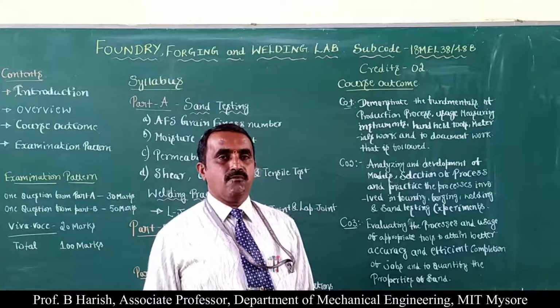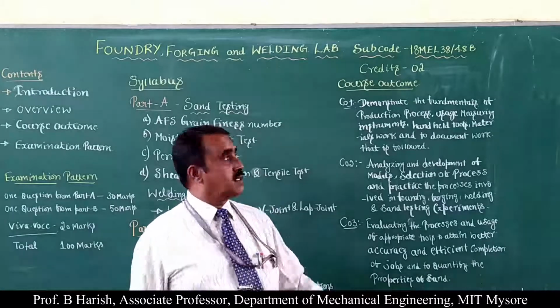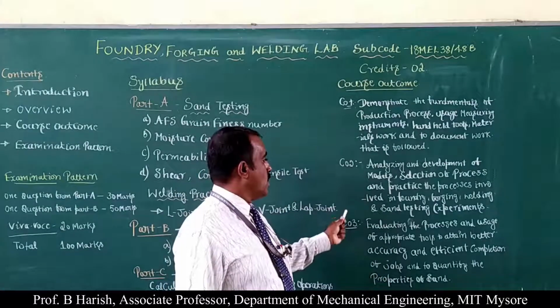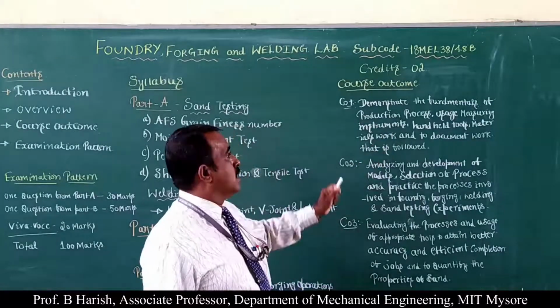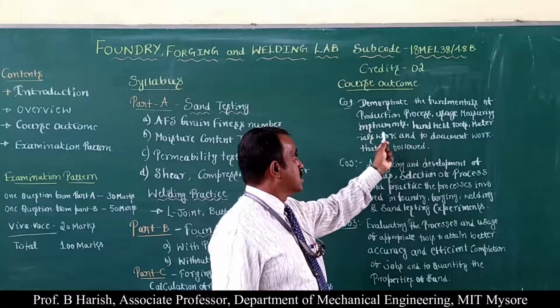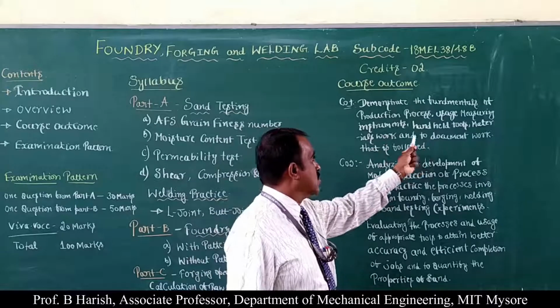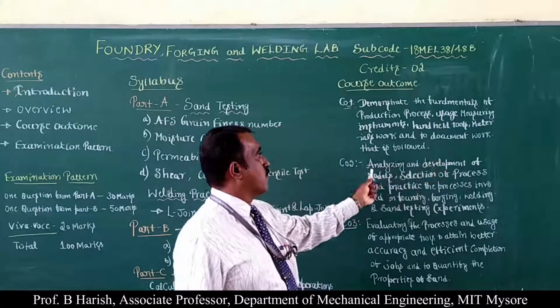Here we identified 3 course outcomes, CO1, CO2 and CO3. CO1 says: demonstrate the fundamentals of production process using measuring instruments, handheld tools and materials, and document the work that is performed.